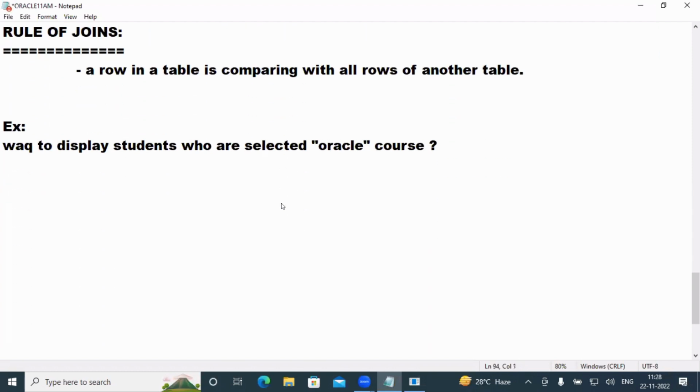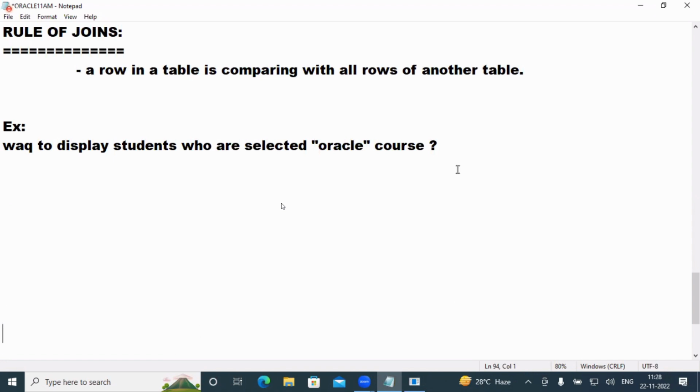In this second example, I want to know how many students are selected, that means who are selected for the specific Oracle course. That information I want now.